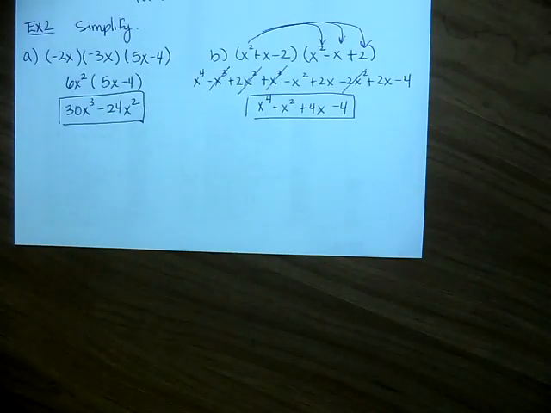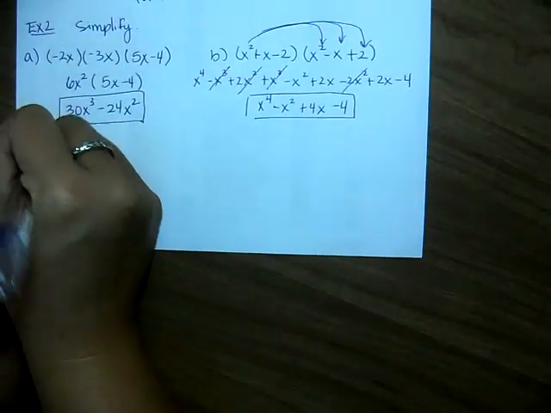So you should have gotten x to the 4th minus x squared plus 4x minus 4. You doing okay? Seems easy right now, right? Seems like too easy. We're going to get there. Don't worry. It's coming.